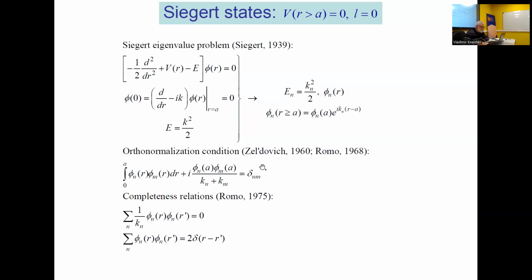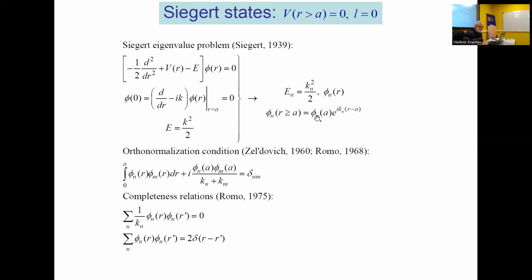This problem was first solved by, it doesn't matter by which method, but the correct result was first obtained by Zeldovich, and then it was obtained by many other authors. I mention Romo, who did a lot in this theory, by different methods. The simplest method was suggested, by the way, by Dechner, and it consists in the following.